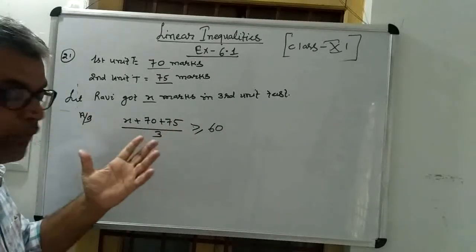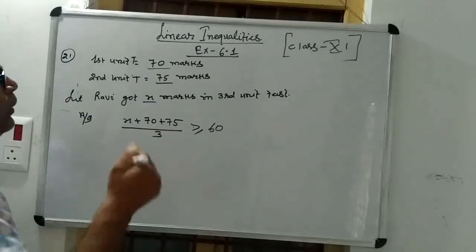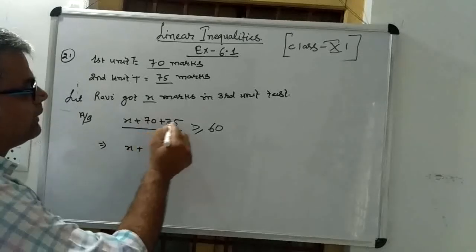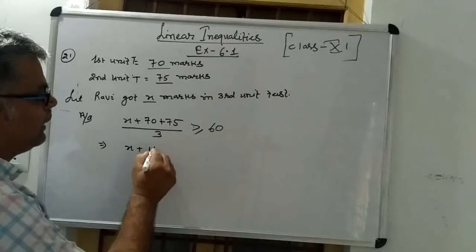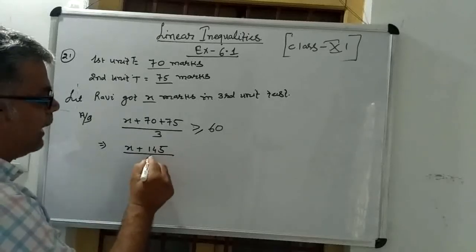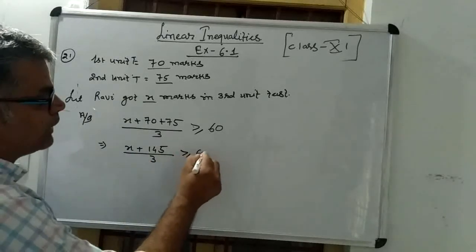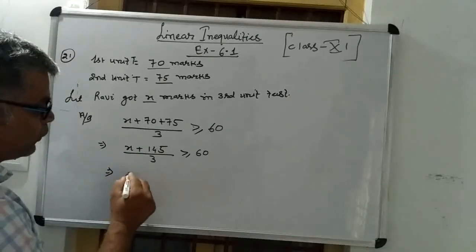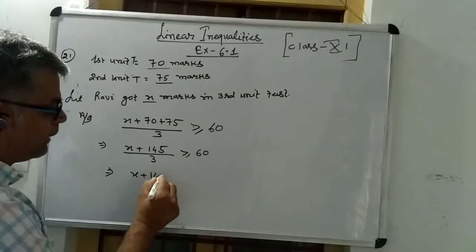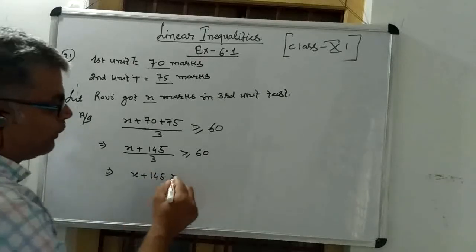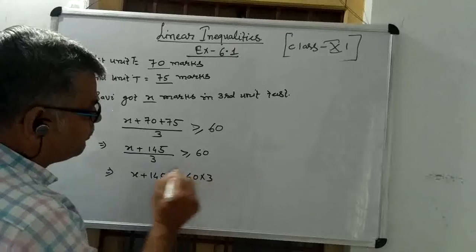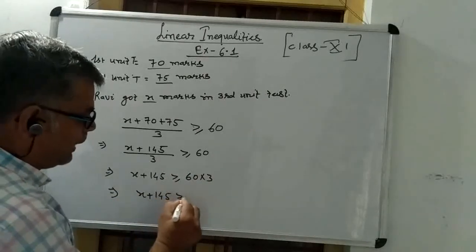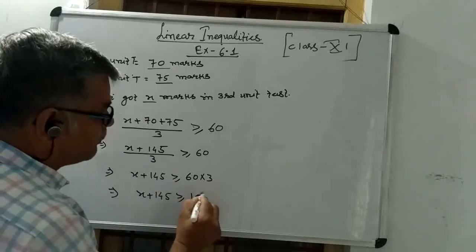Now simplify it. X plus 70 plus 75 is X plus 145, by 3, greater than or equal to 60. Now do cross multiplication: X plus 145 is greater than or equal to 60 into 3, so X plus 145 is greater than or equal to 180.